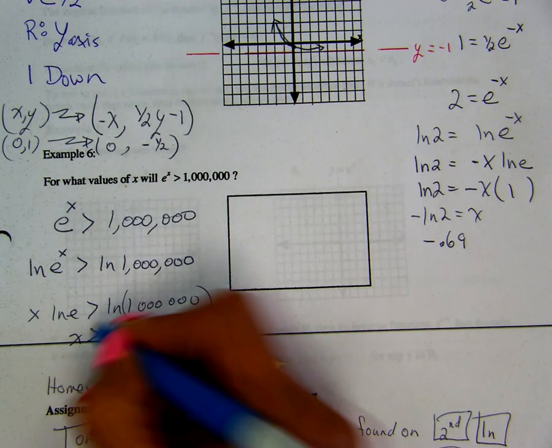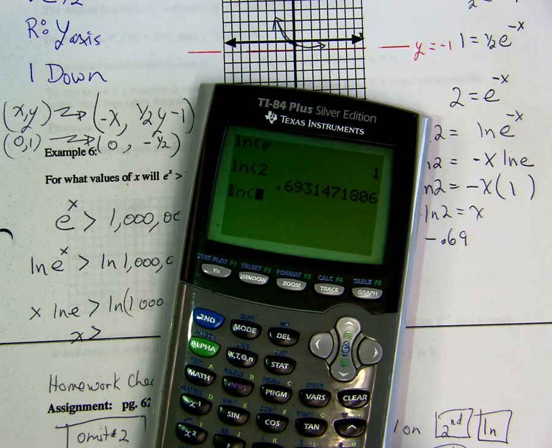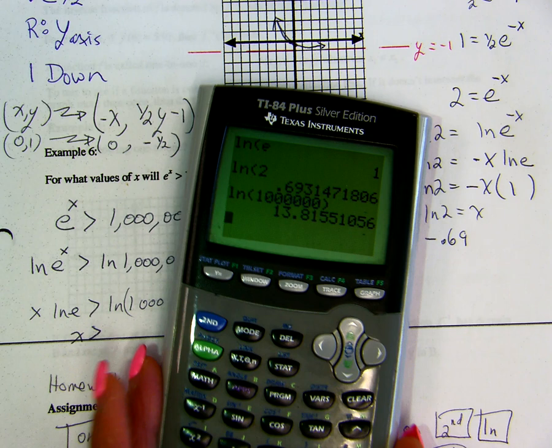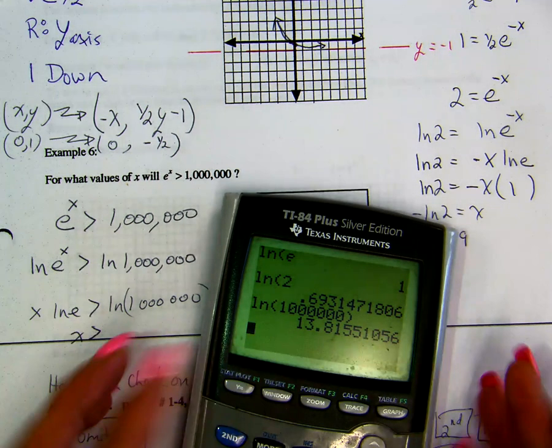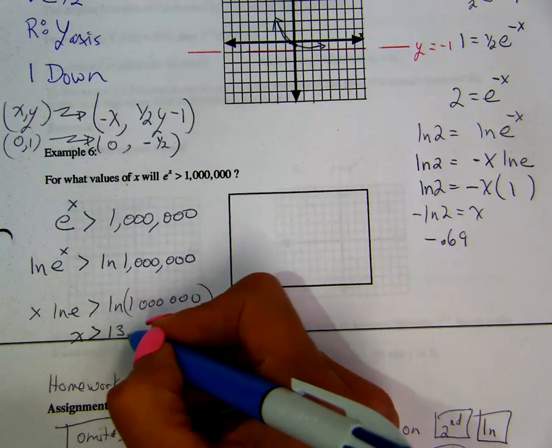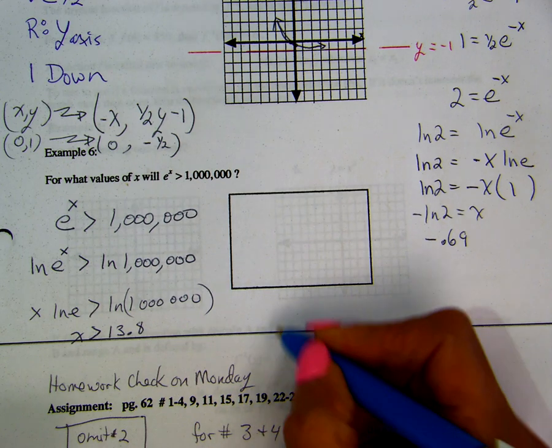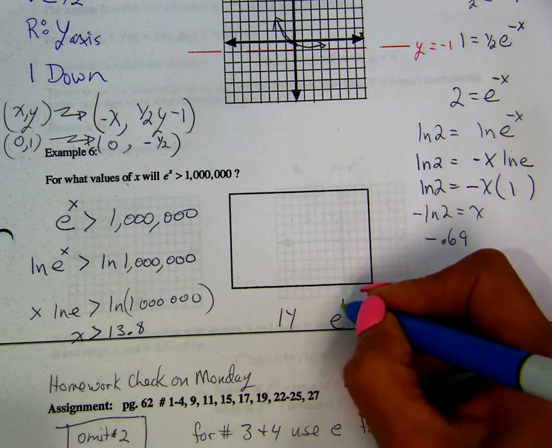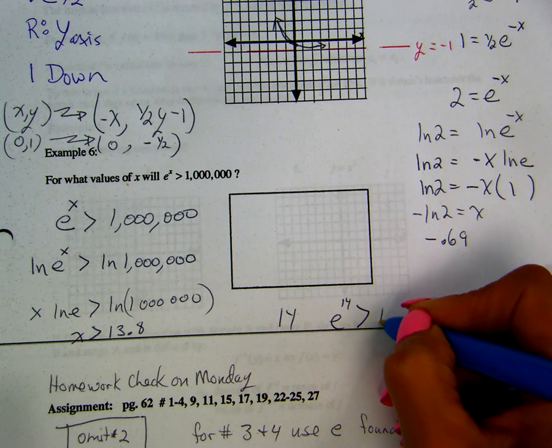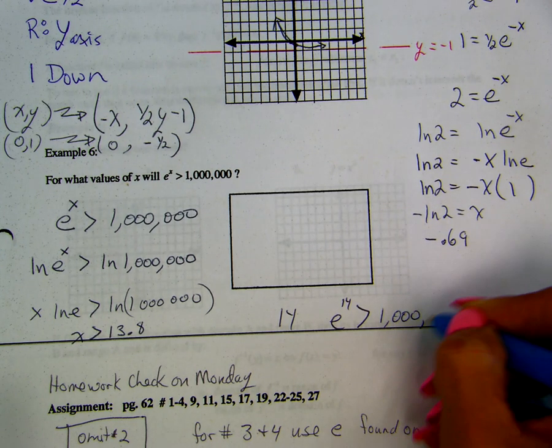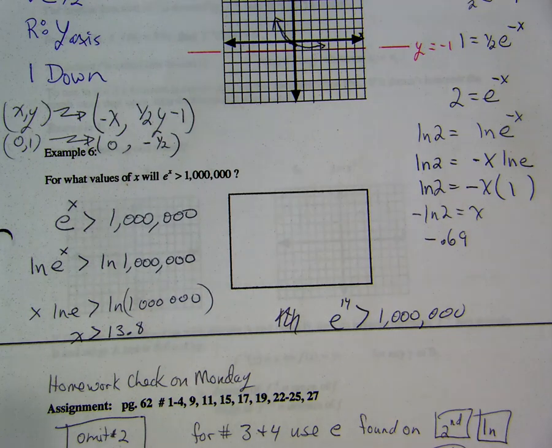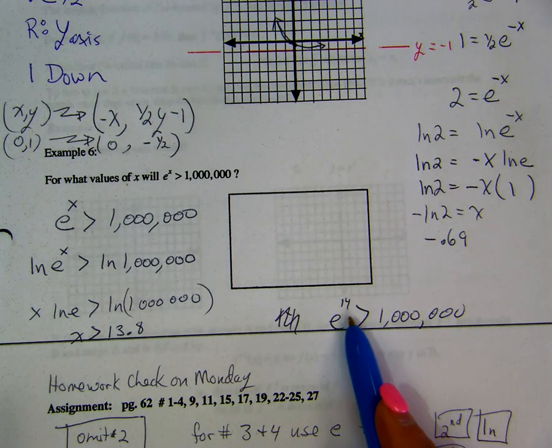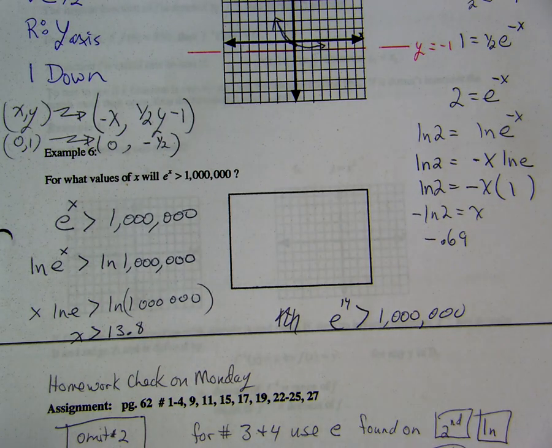I need x to be bigger than the ln of 1,000,000. I need x to be bigger than 13.8. So I guess 14 would be, e to the power of 14 would be bigger than 1,000,000. E to the power of 15, as long as my exponent is bigger than 14.